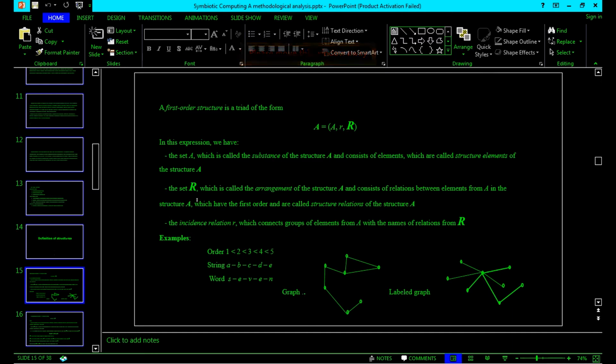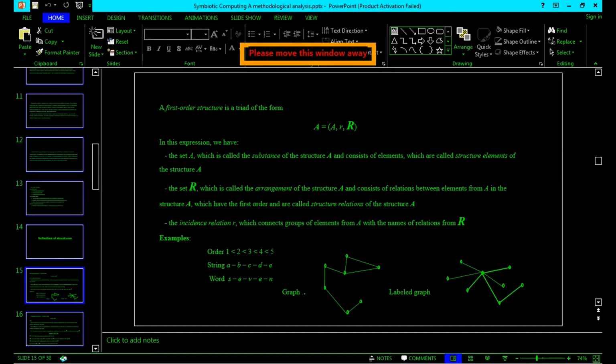And for the first order structure, R bold capital consists only of relations of the first order, which are called structural relations of this structure.